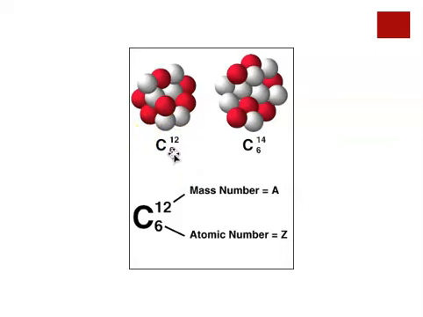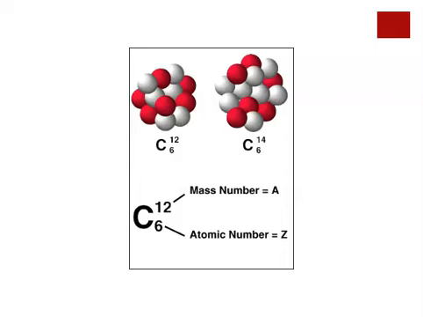Now, if I'm talking about a neutral atom, in other words, an atom that does not have a charge associated with it, then I also know that the number of protons and the number of electrons are the same, because the protons have a positive charge and the electrons have a negative charge.